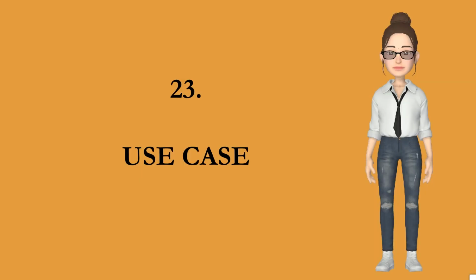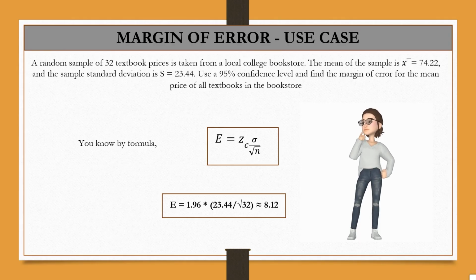Now, let's look at a problem statement to better understand this concept. A random sample of 32 textbook prices is taken from a local college bookstore. The mean of the sample is x bar equal to 74.22 and the sample standard deviation is s equal to 23.44.